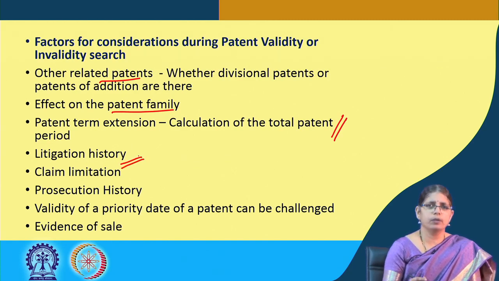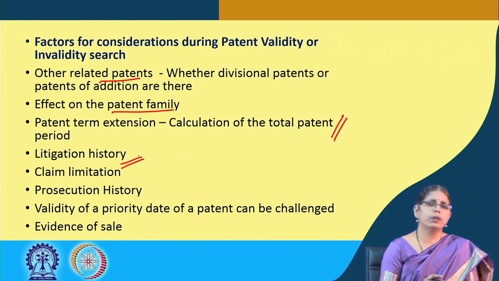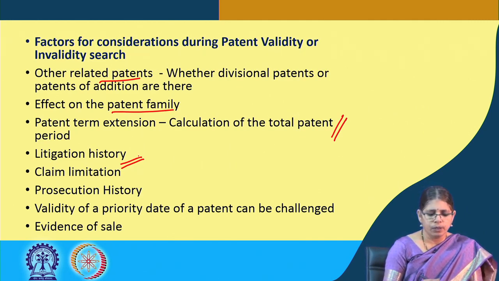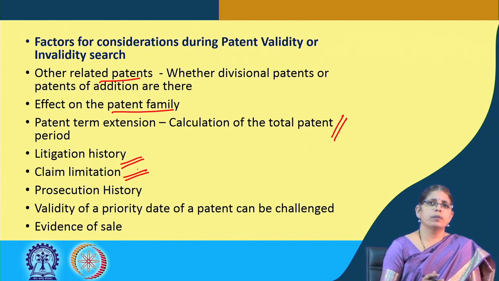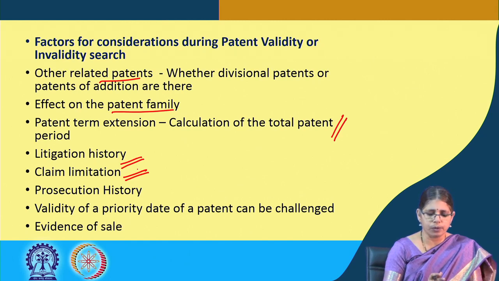Litigation history is important to plan how well one can invalidate a patent of a particular competitor or a company. For patent owners, it becomes important to look at the validity search from the point of view of limiting claims. To prevent a future litigation, it may be good to limit claims at the patent office.